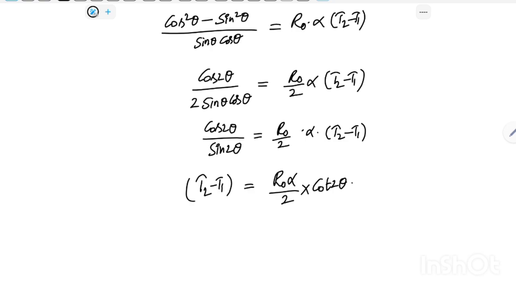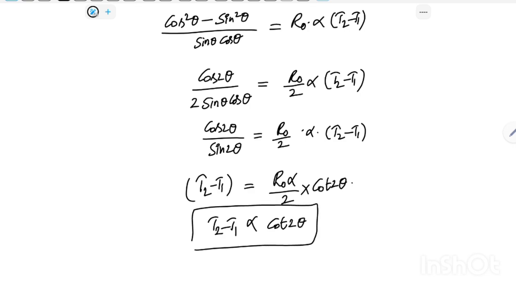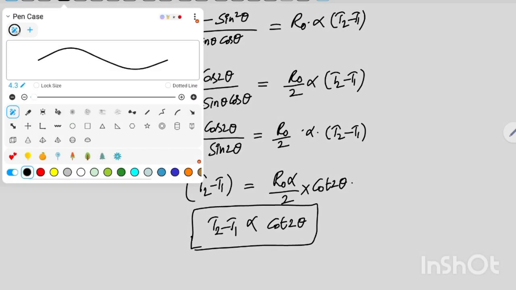Now from this, R naught is constant because it is the resistance at 0 degrees Celsius. Alpha is also constant because we are using the same material. 2 is already constant, therefore T2 minus T1 is proportional to cot 2 theta. So this is the answer. Okay, so here this is not alpha, don't get confused with that.